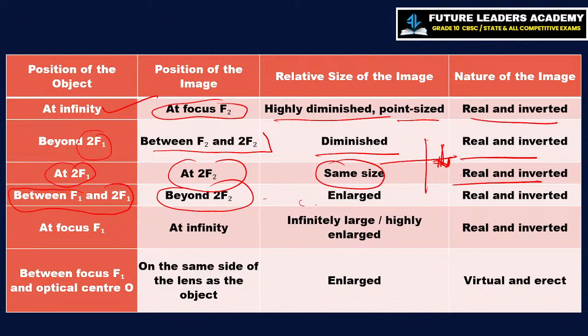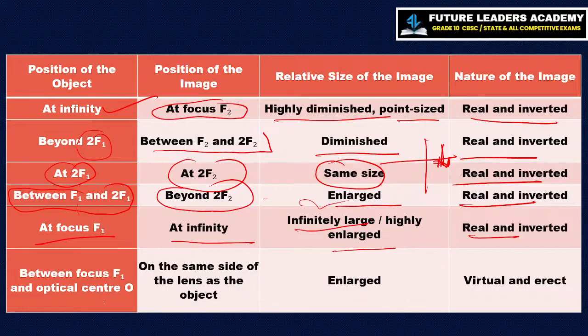Then it is enlarged, real and inverted. And at focus, if you keep the object at focus, then the image forms at infinity. Infinity means highly enlarged, real and inverted.